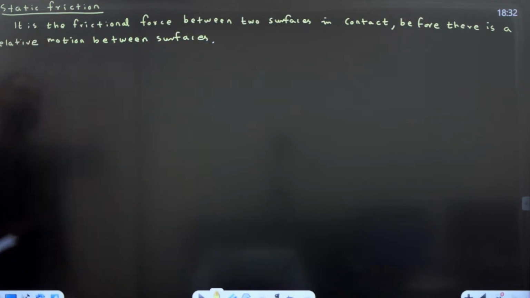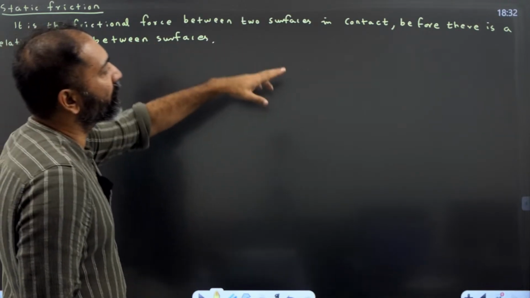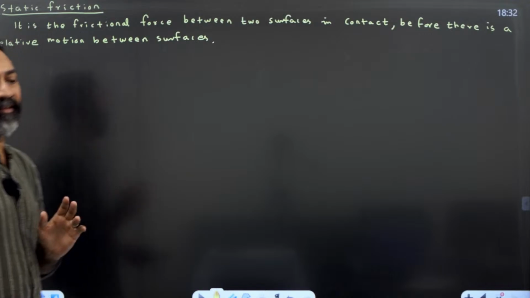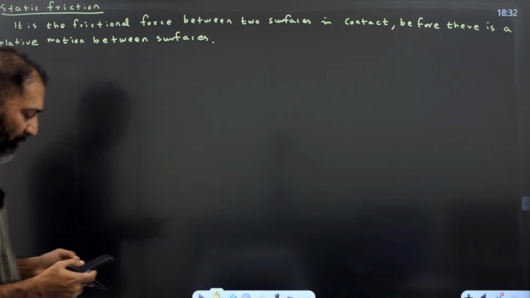So remember, what is static friction? It is a frictional force between two surfaces in contact before motion starts. So static friction always happens before the motion starts.